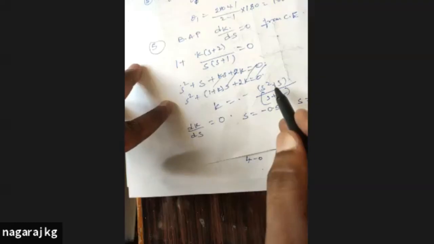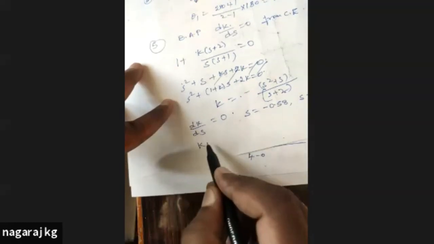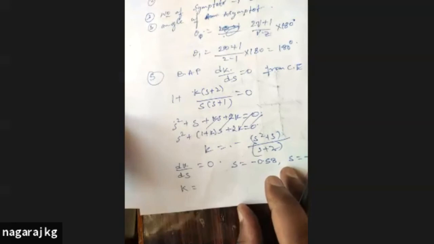Sir, s is equal to minus 0.58 and minus 3.414. When you substitute this s value in the k equation, you see whether you will get positive values for k.